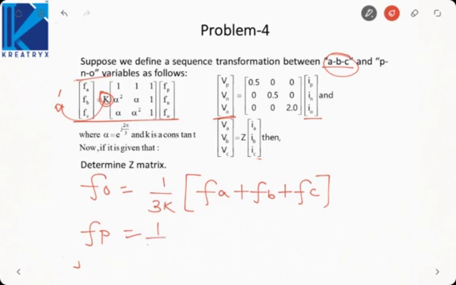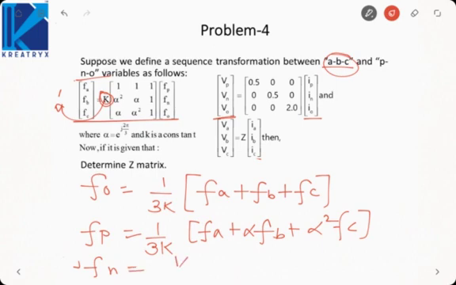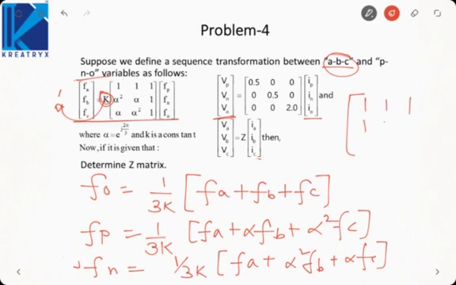FP will be 1 by 3K times FA plus alpha FB plus alpha square FC, and Fn, that is negative sequence, will be 1 by 3K times FA plus alpha square FB plus alpha FC. How have I written this down? From the A inverse matrix, 1 1 1; 1 alpha alpha square; 1 alpha square alpha. Just a factor of K is additional because of the problem given to us.